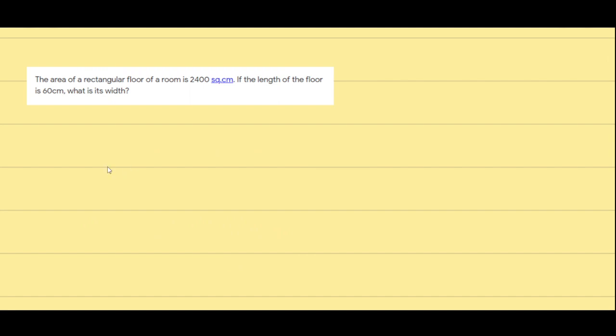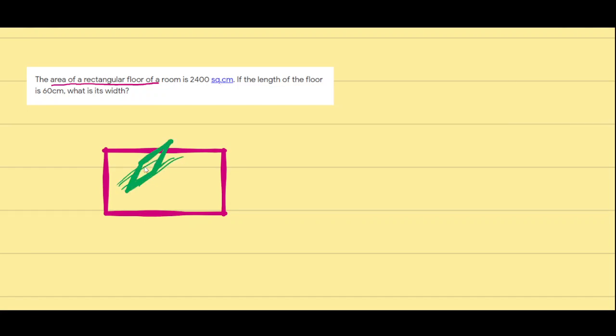In this problem, we are told that the area of a rectangular floor is 2400 square centimeters. Of course, when we have a floor, we have to draw a nice simple shape to represent it. The area, this shaded side here, the entire covering, is 2400.